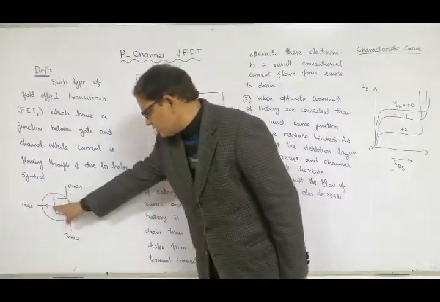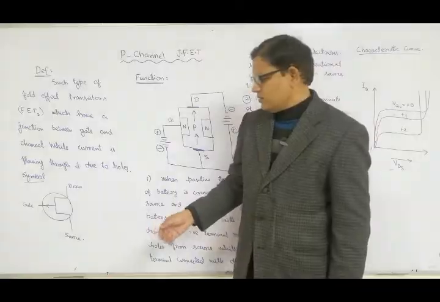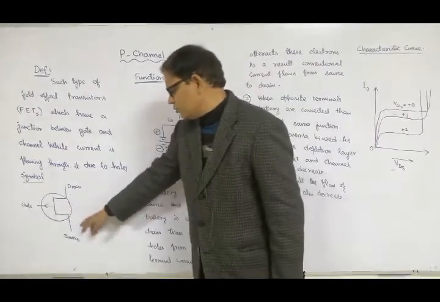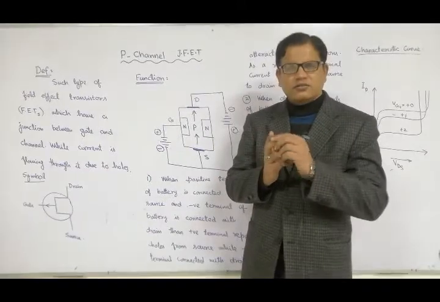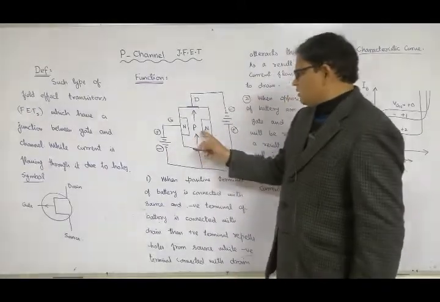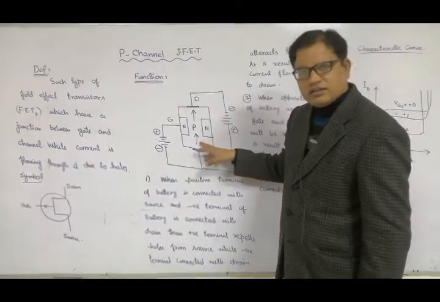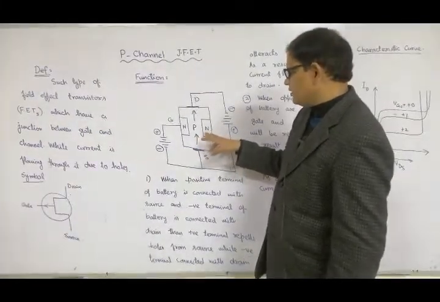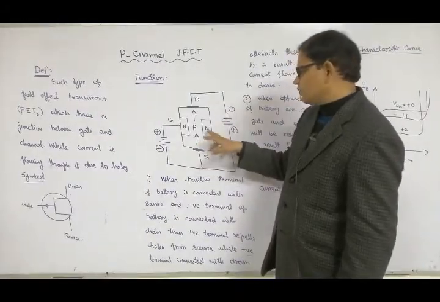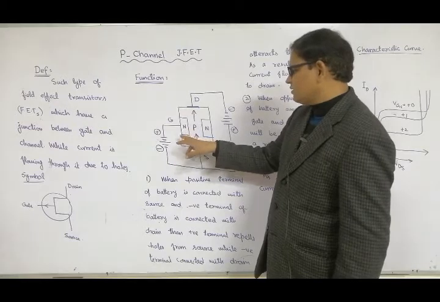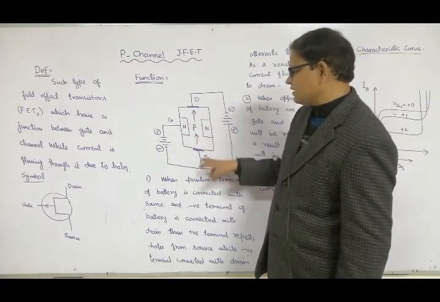In field effect transistors, the arrow of the gate is coming outside, while drain and source are the two terminals. Basically, there are three terminals: gate, source, and drain. The internal construction is totally different from the N-channel JFET, which has a big substrate of P-type semiconductor material, while the N-channel is connected towards the gate, and the P-channel is connected with drain and source.